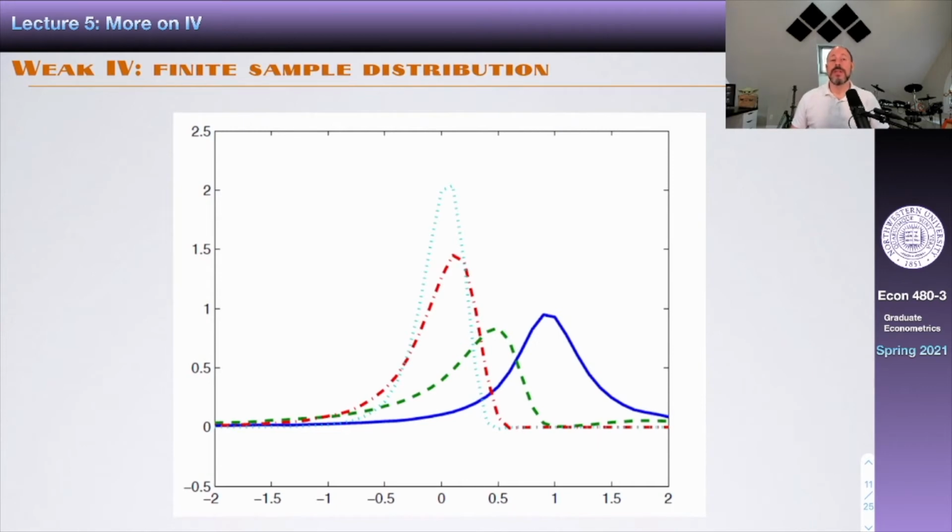Okay, so here we have a simulation, but it shows you one thing. Hopefully it'll give you a clear sense of what's going on. This dotted line here is a case where pi is large. And here you have a case where pi is small.